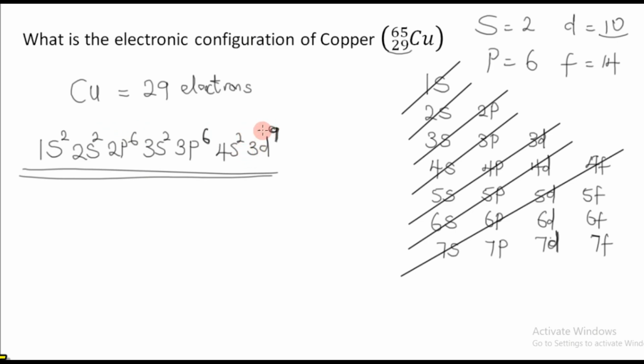If you calculate the number of electrons that we have here, they are what? 29. So it's very important that you know this Aufbau principle and this chart. The principle states that electrons fill orbitals in order of increasing energy level.